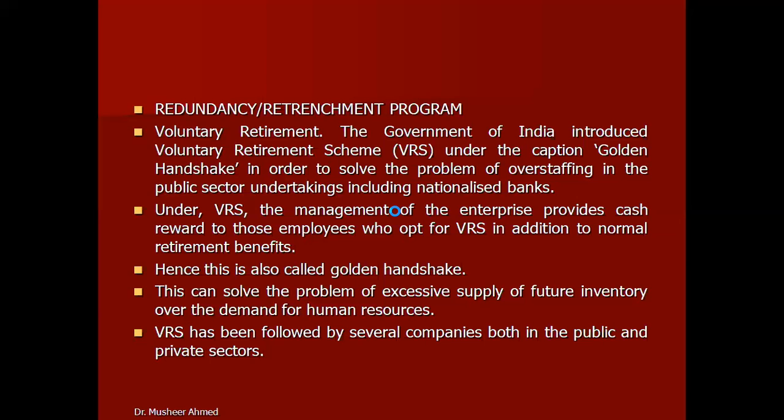They got the cash reward along with the retiring benefit. The only thing is that they got retired before their retiring age, right? This scheme was known as golden handshake because it was not only offering the employees the retirement benefit, but also the cash rewards for opting for VRS, that is the voluntary retirement scheme, right?